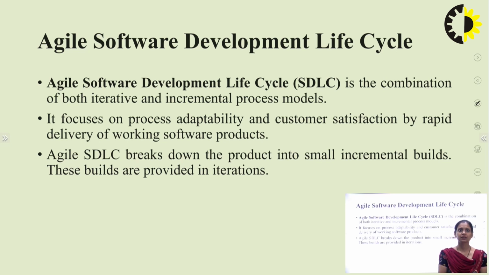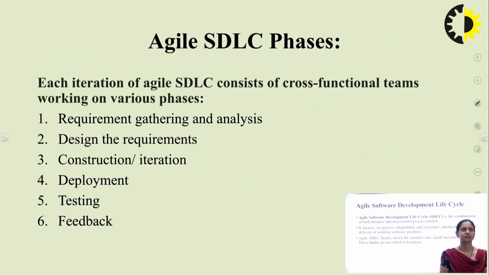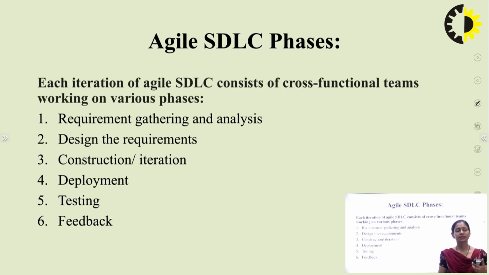Hence, this SDLC model breaks the product into small increments, which increases customer satisfaction, because the customer is satisfied from the beginning stage rather than getting satisfied at the end stage. So these are the 6 phases of the SDLC. Here the first phase is requirement gathering.